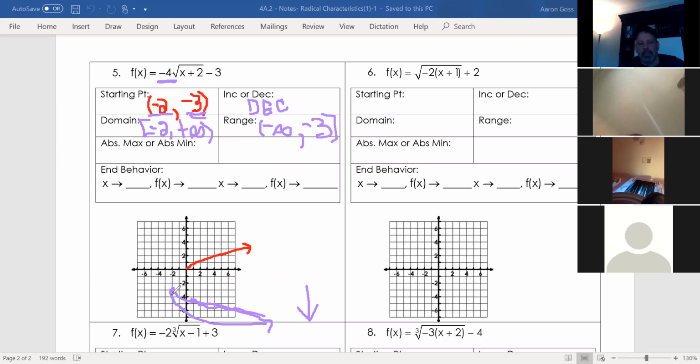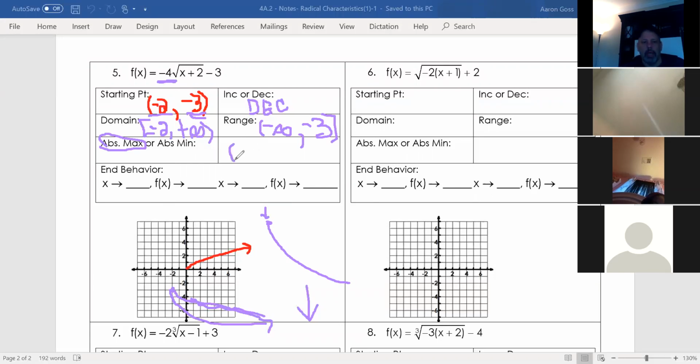Does this purple graph have a maximum or a minimum? Is this a top point or a bottom point? Starts here, goes down like that. That's the top. So there's an absolute maximum at this point again.